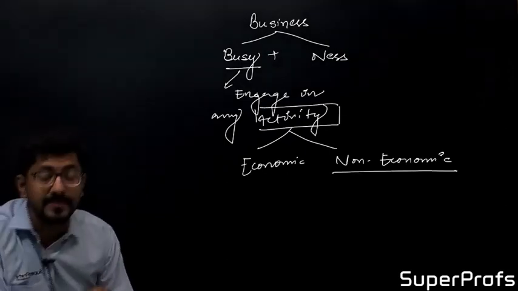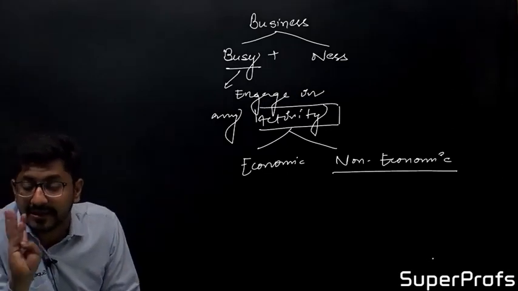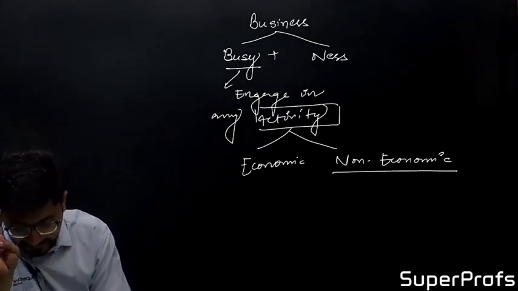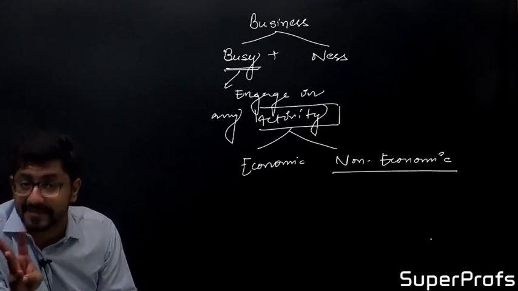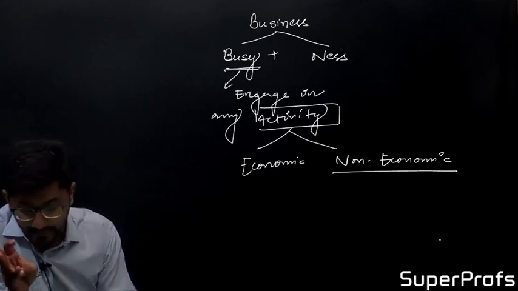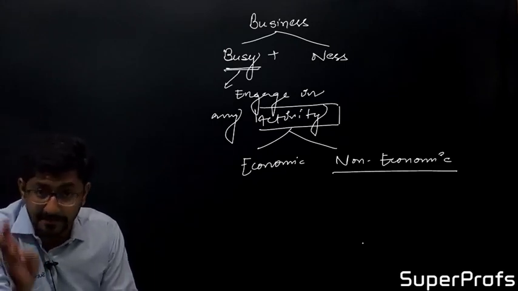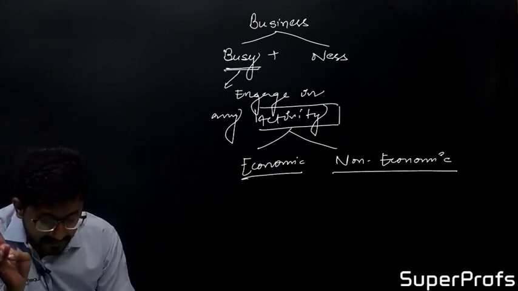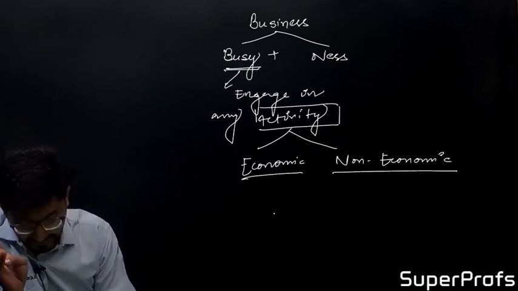To study the term business, we first take the point that busy plus ness is business. We are busy when we are engaged in an activity. Activities are classified mainly into two types: economic activities and non-economic activities.